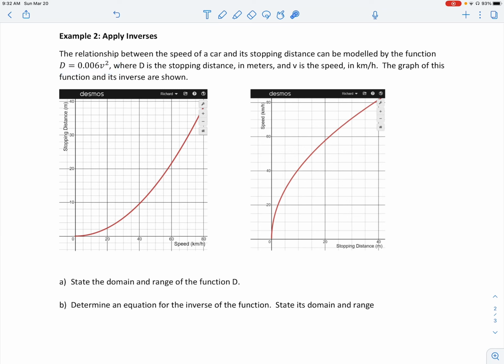You don't want to switch d and v because that's actually going to create a new equation and change the data. It's going to change the relationship between the two variables. So in real life context situations, when you're finding the inverse, we actually just want to isolate for the other variable. We don't want to do any switching around. We'll talk about that a little bit more later.